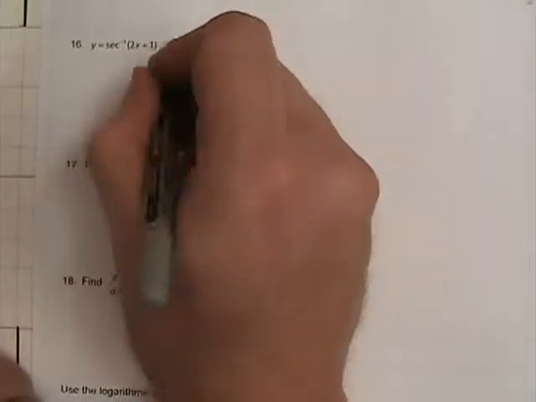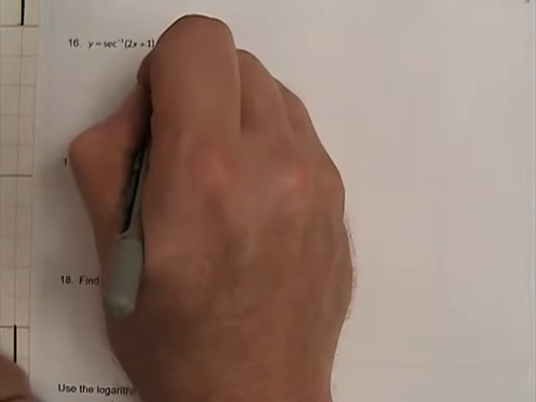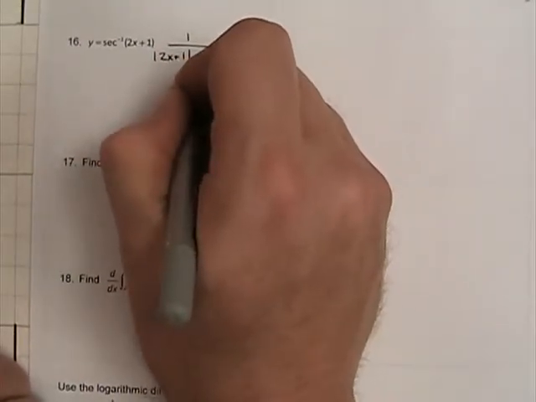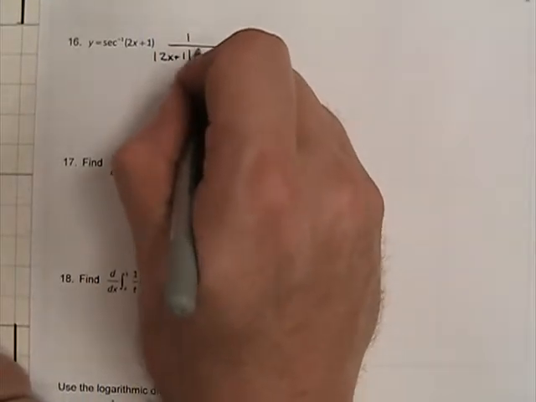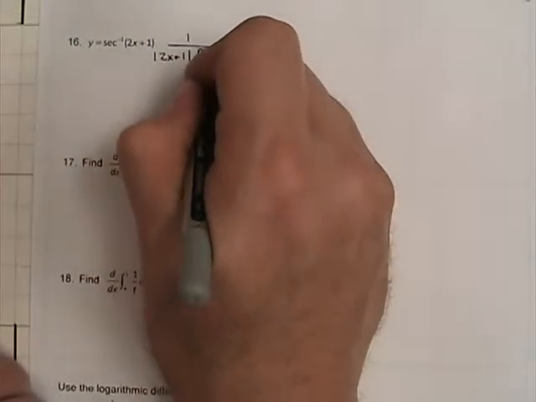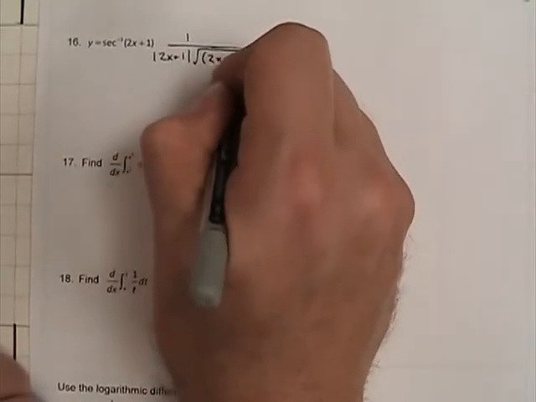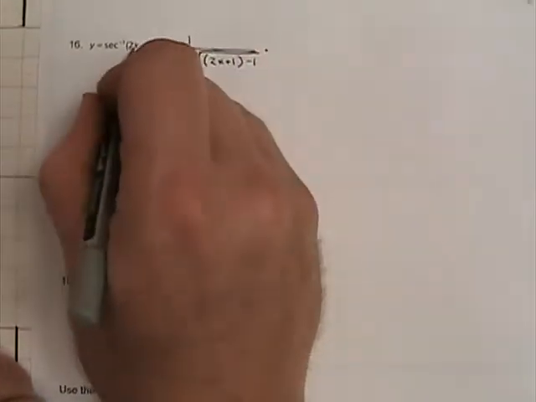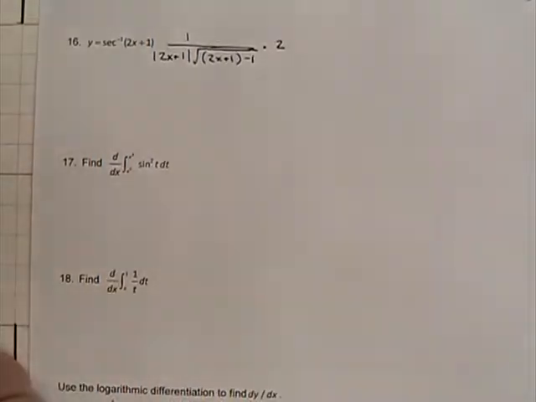So it's absolute value of x times the square root of x squared minus 1. But this is also a chain rule, so then times the inside.